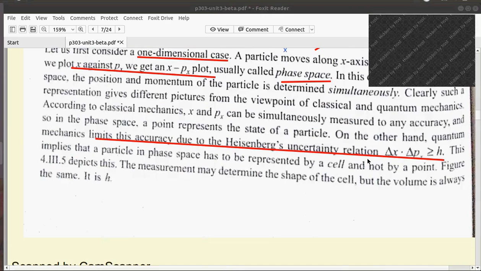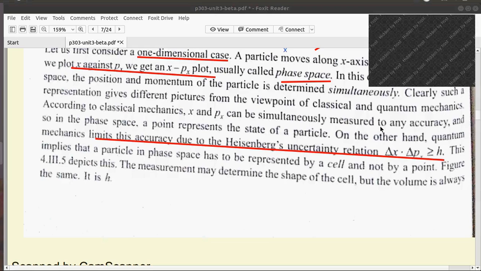By Heisenberg's uncertainty principle, delta x into delta px should be greater than or equal to h. So if my x is fixed, that means my change in x is very small. If my change in x is very small, to have h, my delta p must be very large. So if I know delta x, then my delta p is uncertain, and if I know delta p, then my delta x is uncertain.